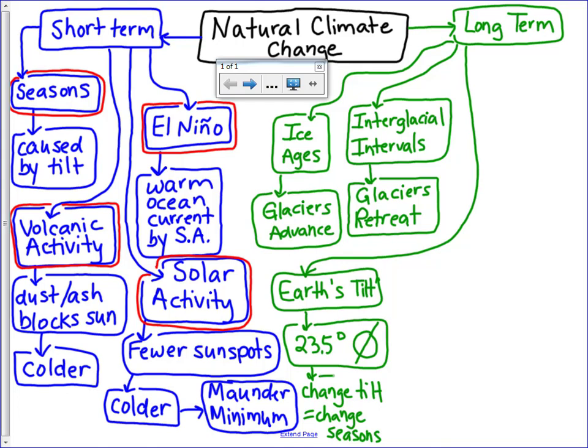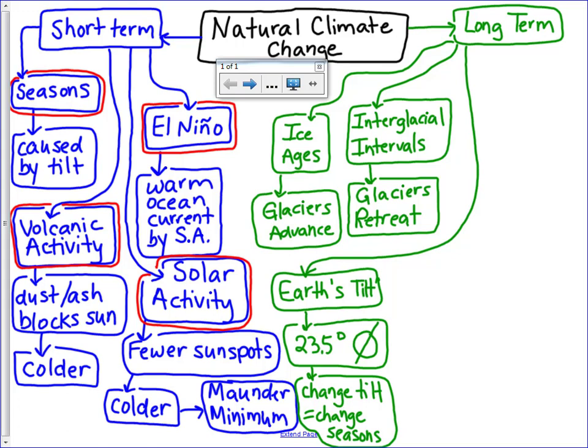And this could either make it warmer or colder depending on if you're tilting it more or tilting it less. But if you change the tilt, which the Earth actually has a tendency to do, about every 41,000 years, it ranges from 22.1 degrees to 24.5 degrees. The more or the less the Earth is tilted on its axis, that's going to change the seasons and make it either warmer or colder.